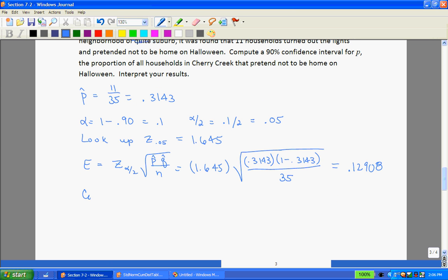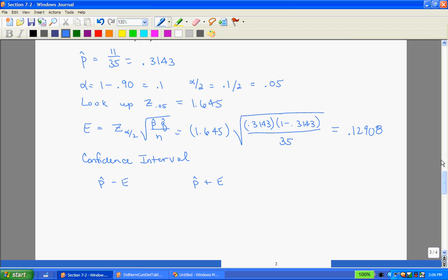So now for the confidence interval, P hat minus E is one side, and P hat plus E is the other side. So this would be 0.3143 minus 0.12908, whereas this would be 0.3143 plus 0.12908.